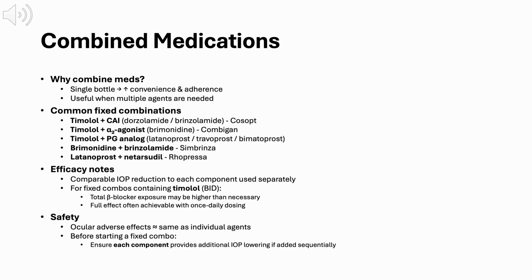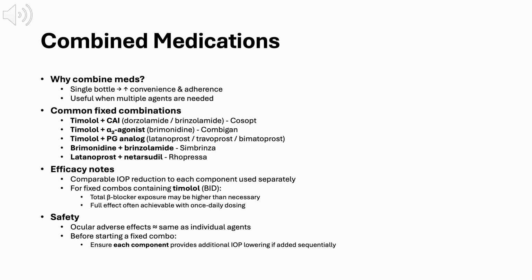Common combinations include timolol plus CAI, marketed as Cosopt; timolol plus alpha-2 agonist, usually brimonidine, known as Combigan; timolol plus prostaglandin analog, latanoprost, travoprost, or bimatoprost; brimonidine plus brinzolamide, branded Simbrinza; and more recently, latanoprost plus netarsudil, marketed as Rocklatan. Note that Rhopressa is netarsudil alone.